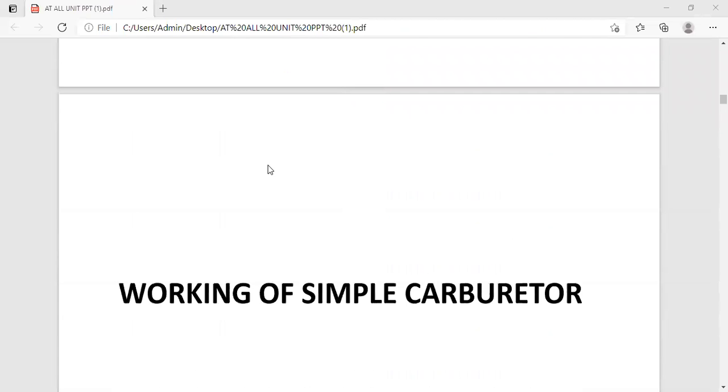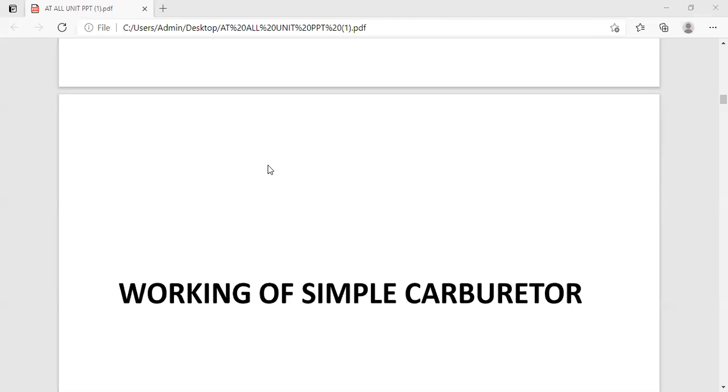Next, we started unit number two. In this unit, why is a carburetor required? We discussed what carburation and a carburetor are. Carburation means the process of preparing the air fuel mixture outside the cylinder before the charge enters the combustion chamber.